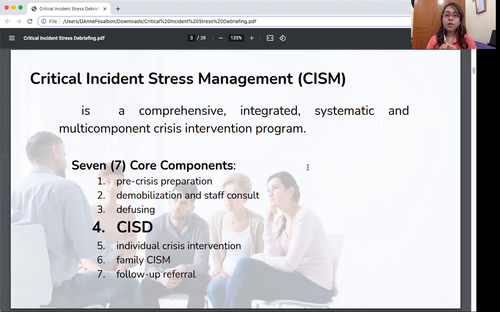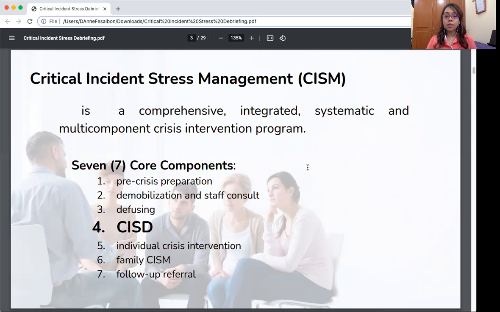Some other people may confuse CISM, which is Critical Incident Stress Management, with CISD. Just to differentiate, CISM is a comprehensive, integrated, systematic, and multi-component crisis intervention program. It is actually the whole of which CISD is just a part. There are 7 core components for this.